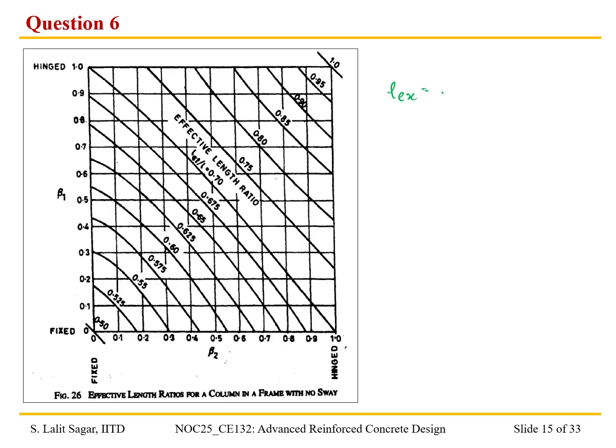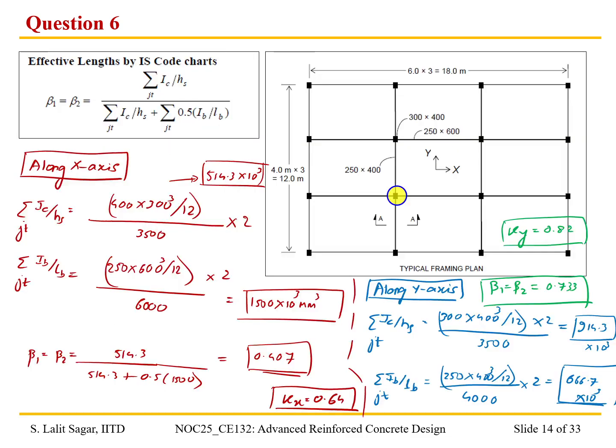Lex is equal to kx into lx. That is the effective length about the x-axis, right? What is kx? Basically what we are doing is here along x-axis means about y-axis, and here along y-axis means about x-axis.